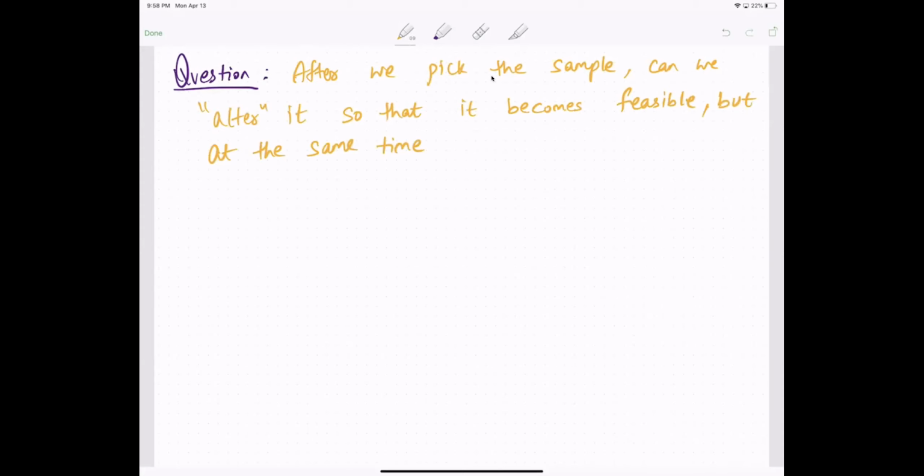Right? In the process of making it feasible, you should not throw out so many intervals with large weights that the final solution that remains doesn't have too much weight in it. Then again, it's not useful. So you want to do some alteration so that the solution becomes feasible, but at the same time, the weight remains large. Weight is not lost.